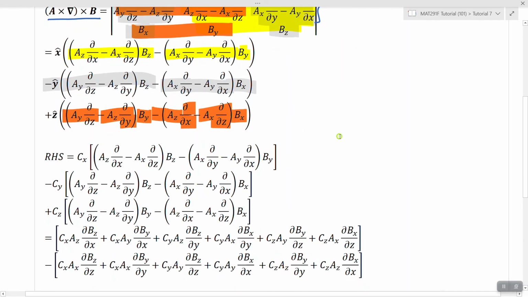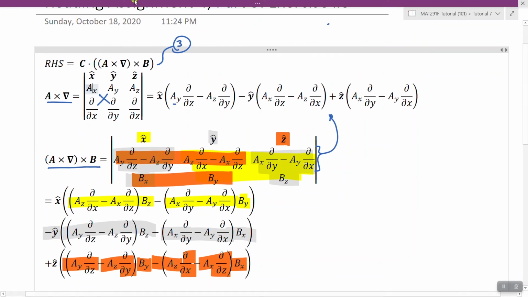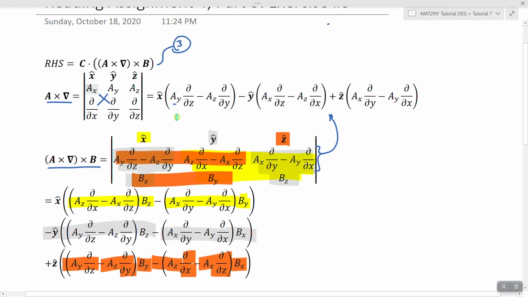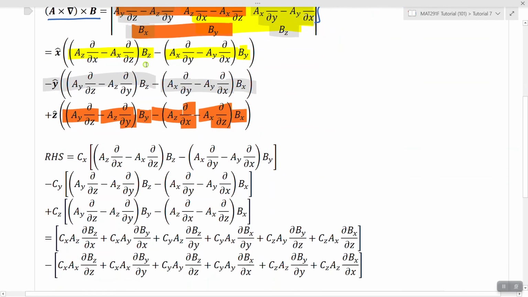So here again, I copied whatever I got over here and took a dot product with, sorry, did I say c hat? I meant c. So then you can see this guy is whatever we got here. So this would have this x component. You can check that they are the same.